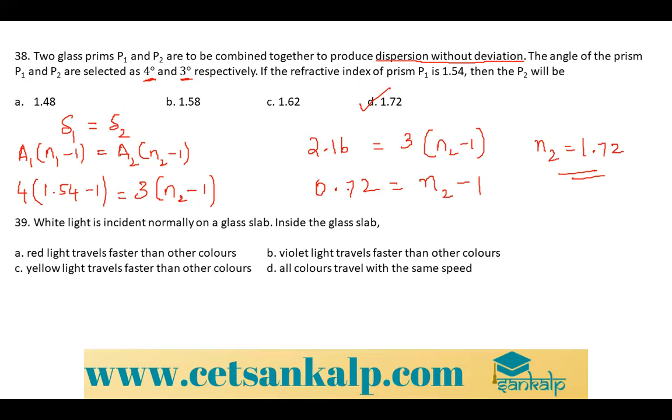Remember it, it is a general concept. When white light is incident on the glass slab, inside the slab red light travels faster than other colors. That is a concept you have to remember.